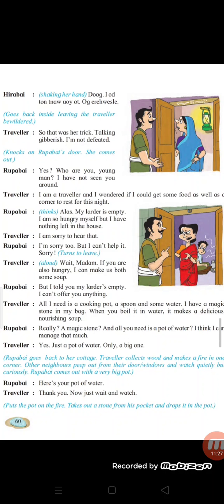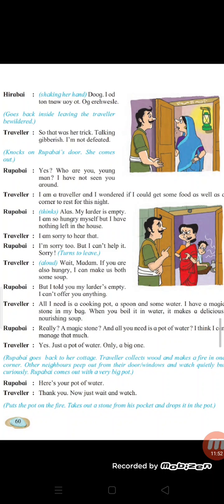So what happens? Rupabai goes back to her cottage. The traveler collects wood and makes a fire in one corner. Other neighbors peeped out from their windows and watched quietly but curiously.